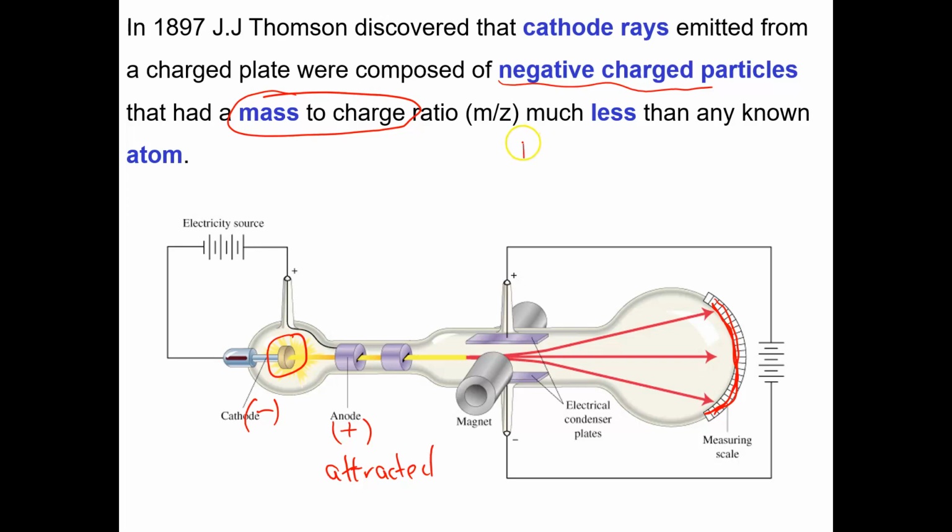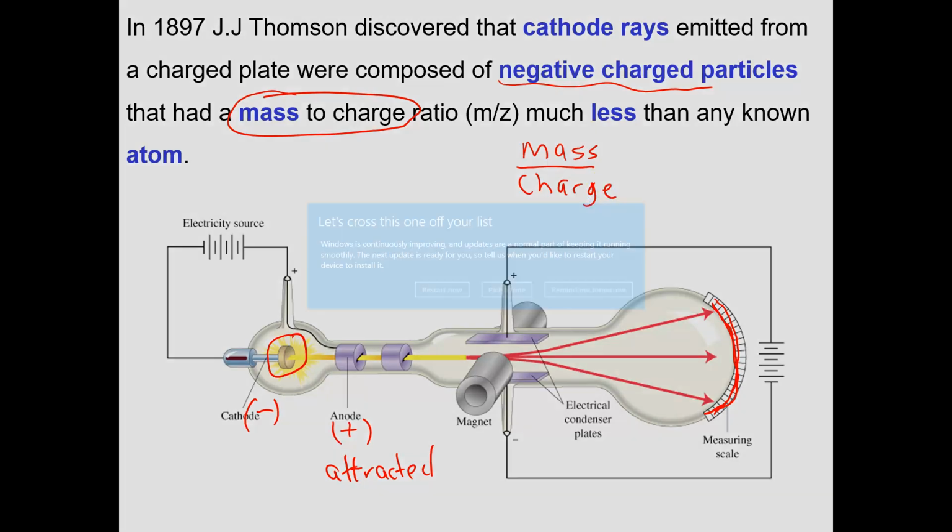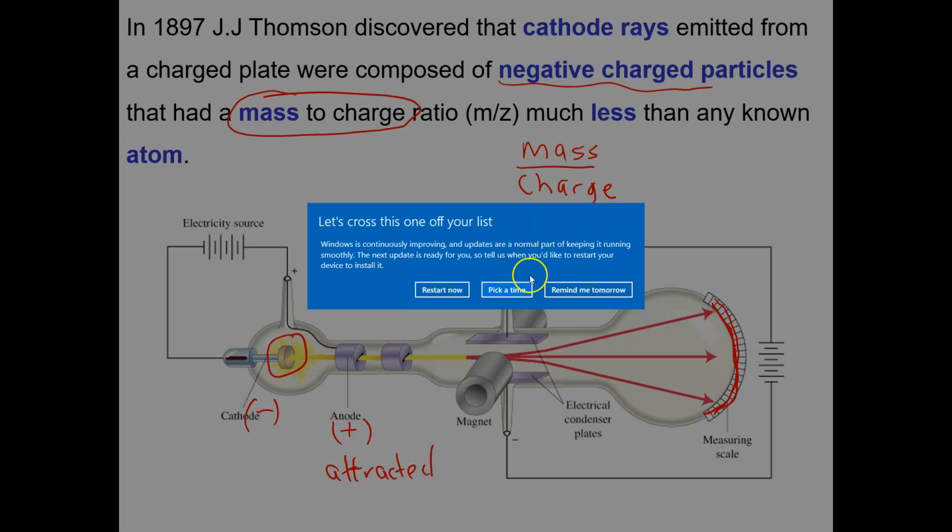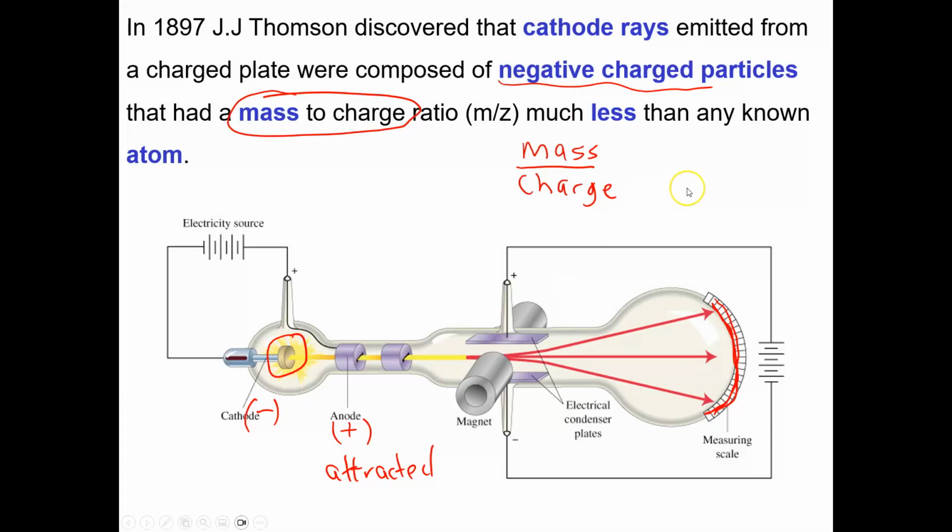Out of all of this work, Thomson was able to get the ratio of the mass to the charge for this particle, and it appeared to be very small. So this was evidence that there was some kind of subatomic particle, some part of an atom.